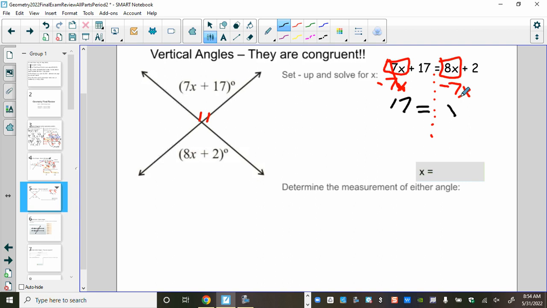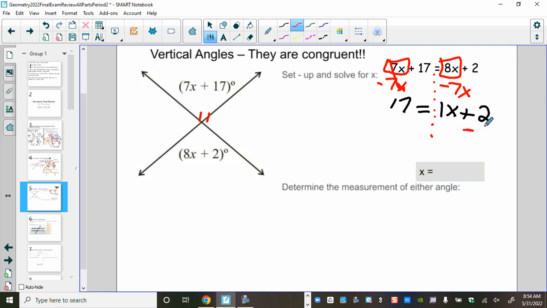I start off with 8x's, I lose 7. How many are left? 1. Now, do we really need that 1 in the end? Is this one necessary? No. But you could keep it.